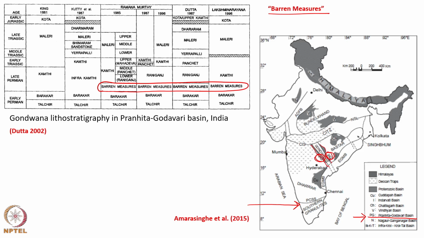If we look at the stratigraphy of the Gondwana rocks in the Pranhita Godavari basin, so many authors have given their stratigraphic successions, and in some of the successions such as by Ramana Murthy, by Datta and by this author, we find barren measures to be present. What is the age of the barren measures rock? It is falling within the late Permian.